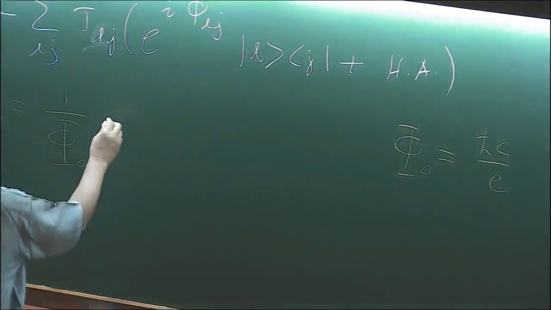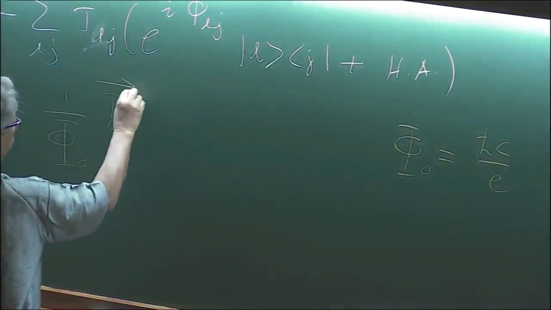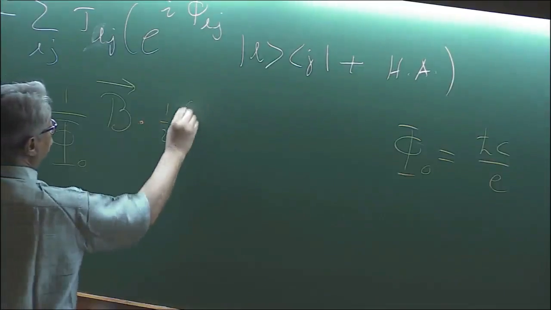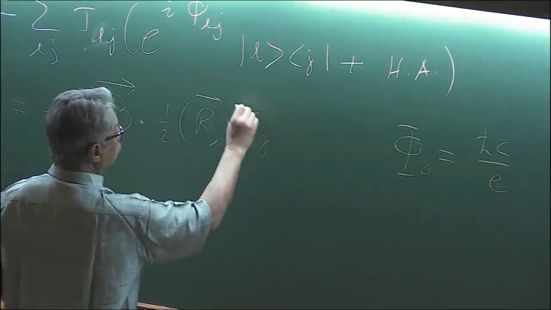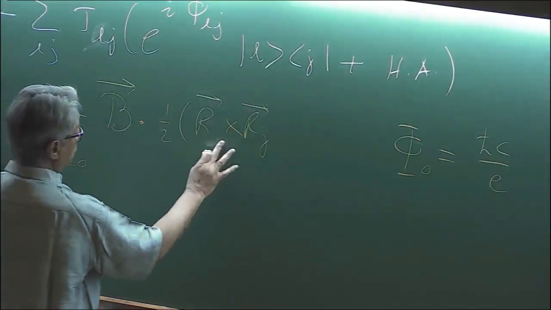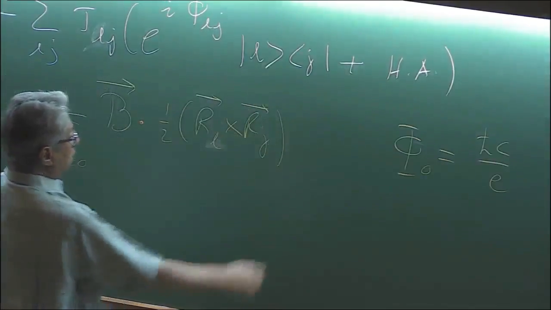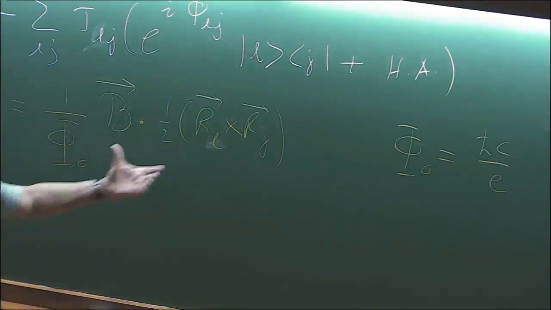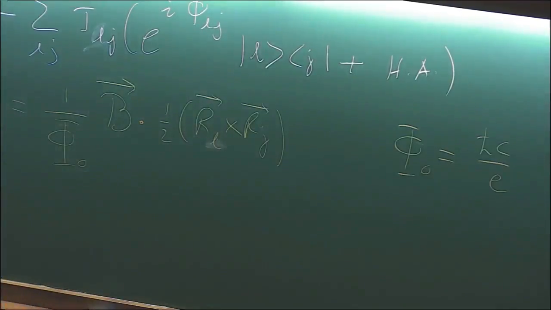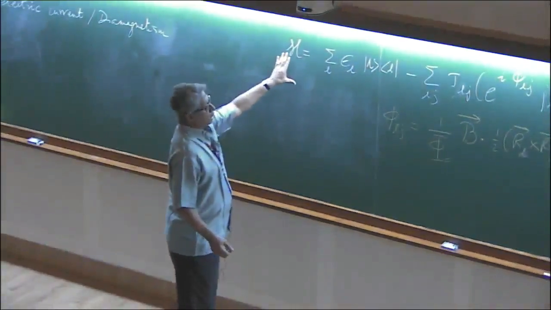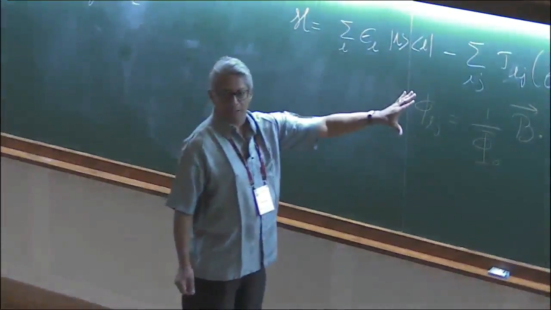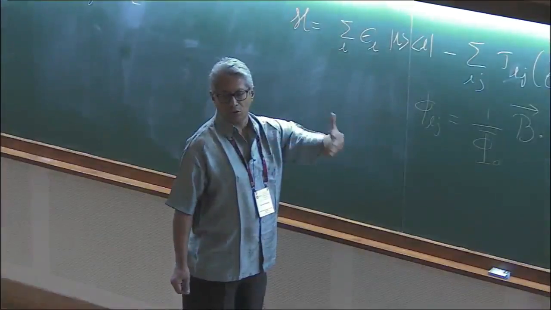And then you basically have the external magnetic field times half of an area vector that you can construct out of the Lth and Jth sites, because this is the area vector. The magnetic field dotted to the area vector gives you the total magnetic flux. So this is pure quantum mechanics, and you have quantum coherent effect.